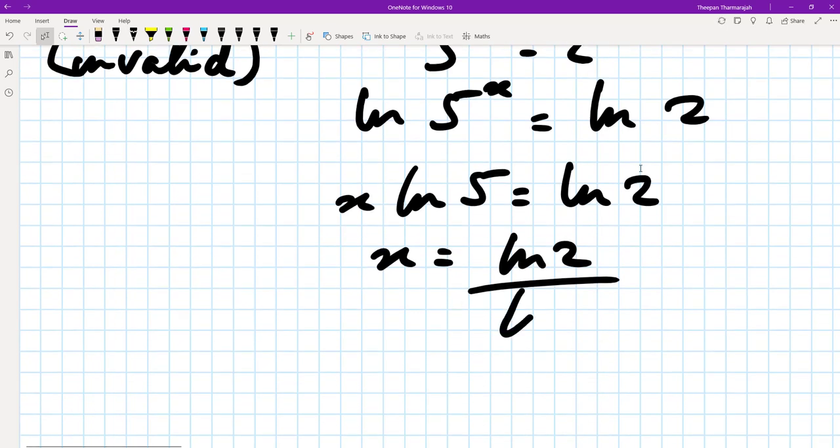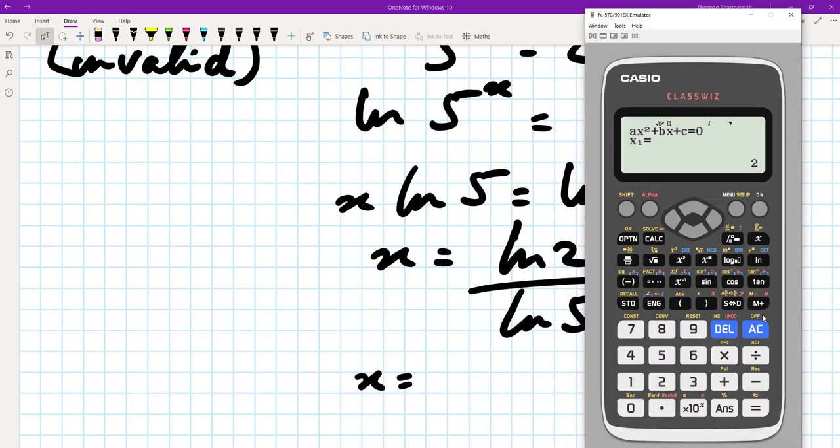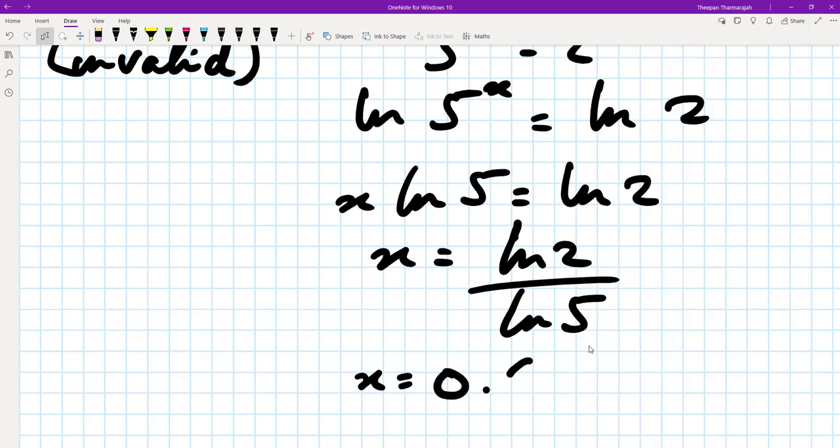And we can use our calculator to work that out, giving our answer correct to 3 significant figures as always. So ln 2 over ln 5, which is 0.431, correct to 3 significant figures.